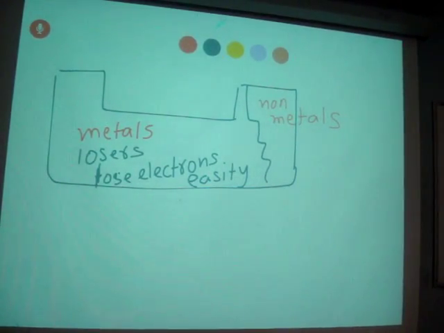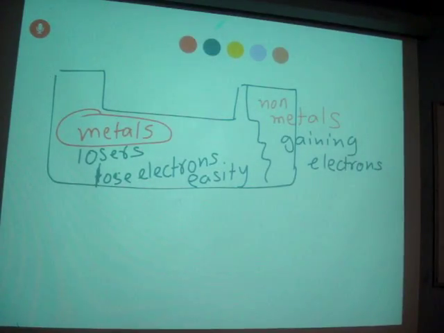This non-metal side has the characteristic of gaining electrons. So if these guys lose electrons easily, what happens to the ionization energy? It's less, you need less energy to lose the electrons compared to this side. Ionization energy of non-metals is higher compared to metals.